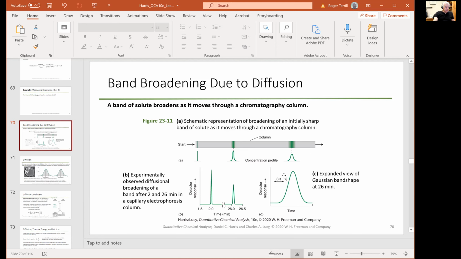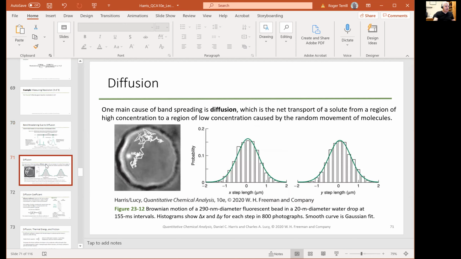What we're going to talk about next are the contributions to that broadening. What are the broadening mechanisms? The first one is referred to as longitudinal diffusion. We say longitudinal because only diffusion in one of three dimensions matters.